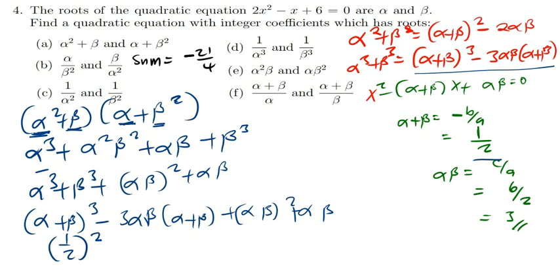Raise it to power 3, minus 3 alpha, so here there is plus, no, there's no plus. Alpha times beta is 3, times alpha plus beta that is 1 over 2, plus alpha times beta 3, then plus alpha beta again, so this is squared, again here 3.